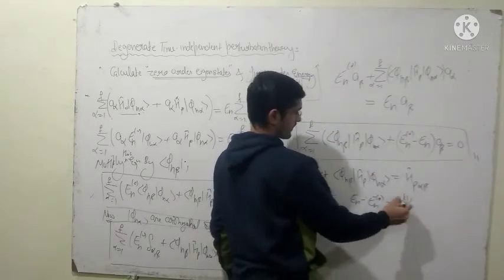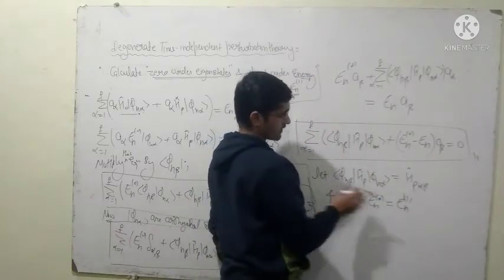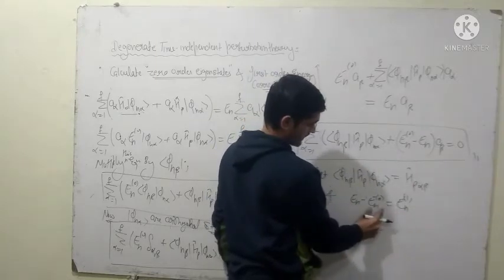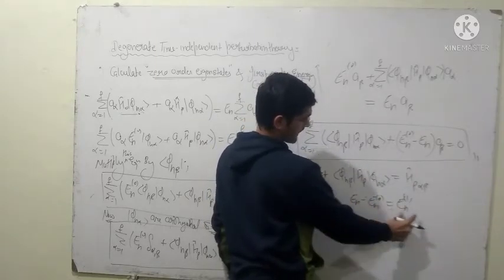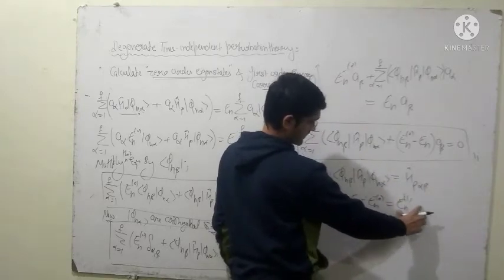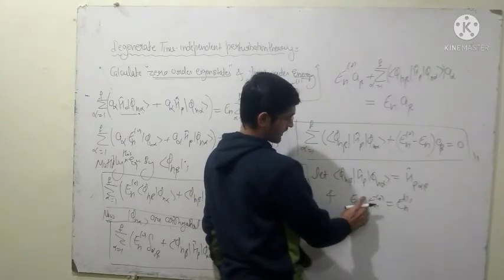This is the quantity that we are looking for. Now we are just calculating up to the first order correction. So the total energy will be the sum of the already known energy and this first order correction. If you want the first order correction, it will be the total energy minus the already known energy of the system.